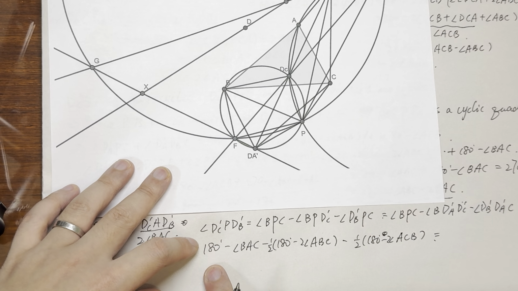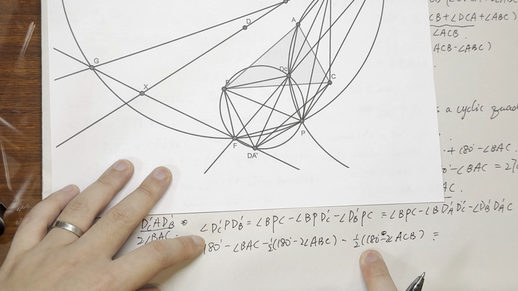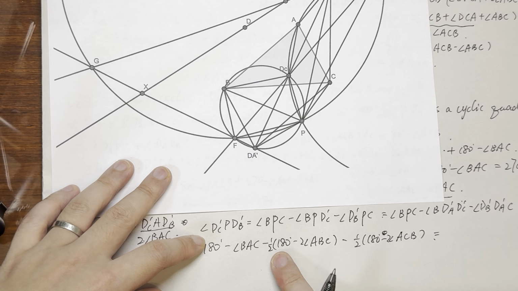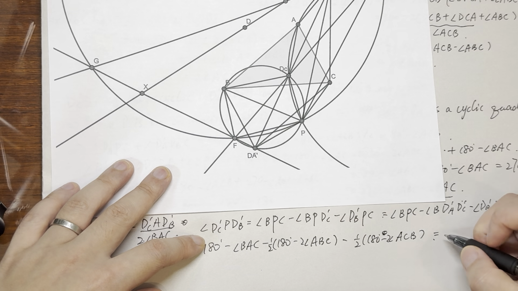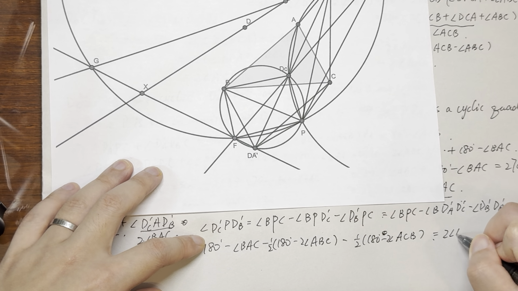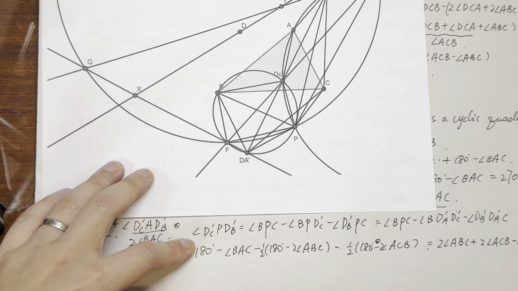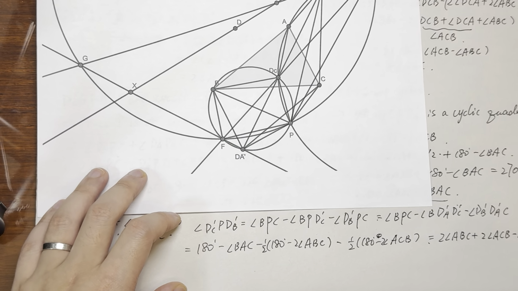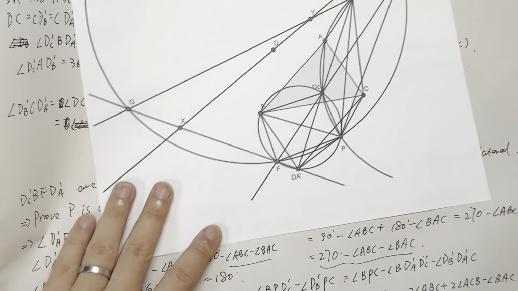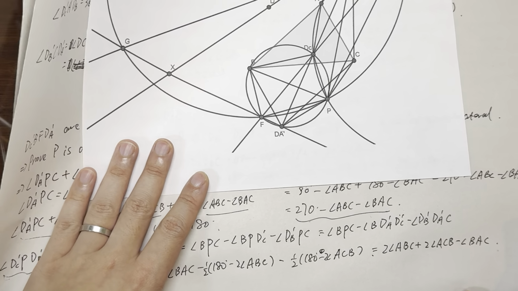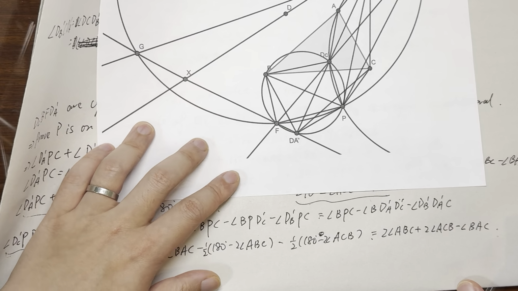So this is 180, this is minus 90, that's 0. And for here, it's minus angle BAC. For here, we have positive, right? So it's twice angle ABC plus twice angle ACB minus angle BAC. Right.